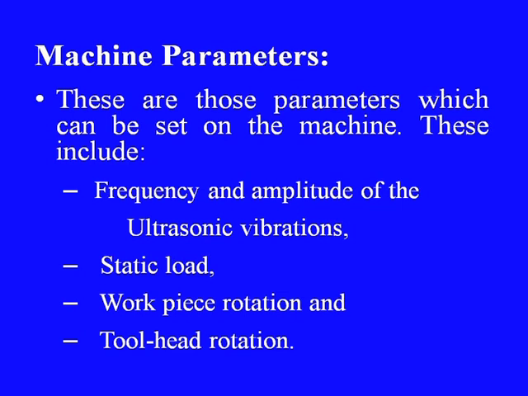In these machine based parameters, frequency and amplitude of ultrasonic vibration is most important as far as the working of the entire machining is concerned. Then static load, of course, which influences the material removal rate, is also very important.